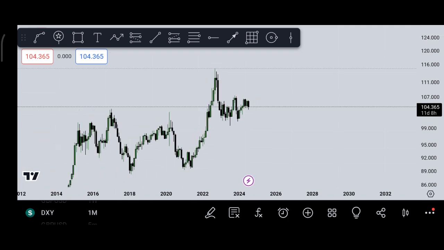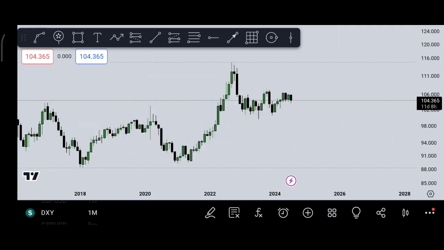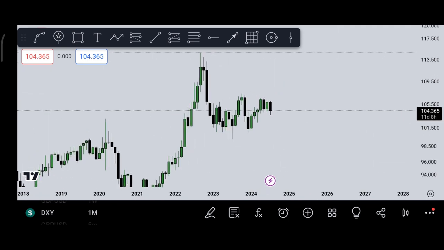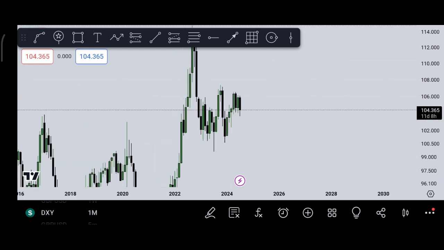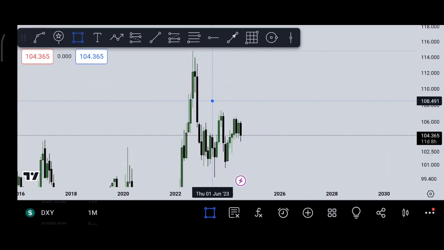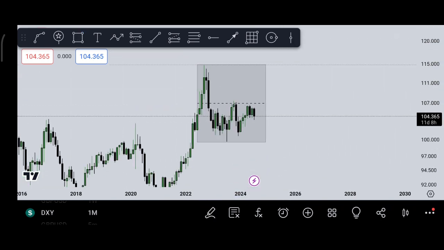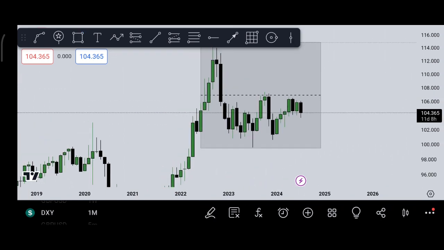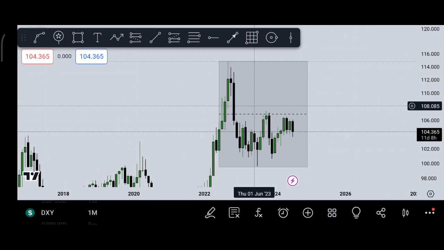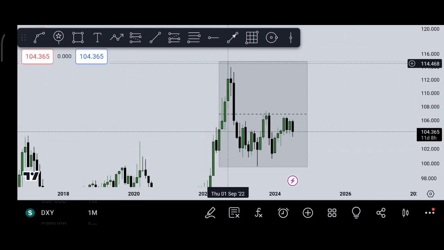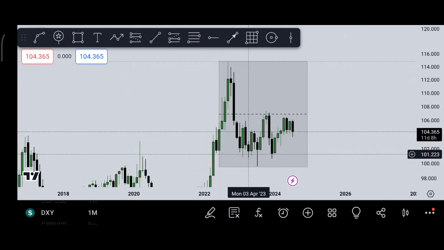So if you look at this price here, let me start from this cycle and focus on this whole price action. We saw price came, formed this high, then dropped down.